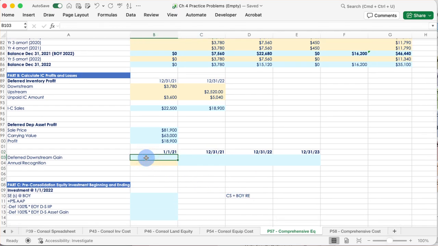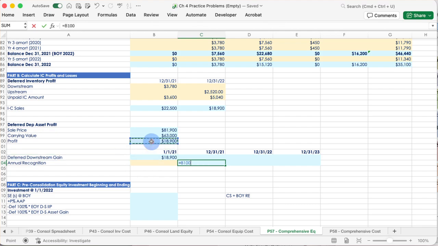So as far as the deferred downstream gain goes, we're going to pull that 18,900, and then what we need to figure out is the annual recognition. I'm going to move over to 12/31 because it wouldn't have been recognized right here. So in 12/31/21, we will take the difference in the profit.